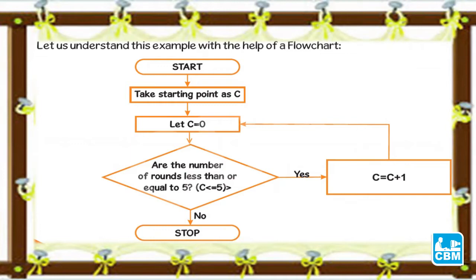If it is less than or equal to 5, we need to take one more round. So we'll increment the control variable, C = C + 1, and then we'll again check the condition. This will go on till the number of rounds is equal to 5. Once the number of rounds is equal to 5, the program will stop its execution.